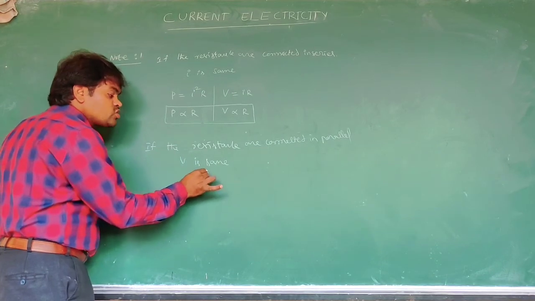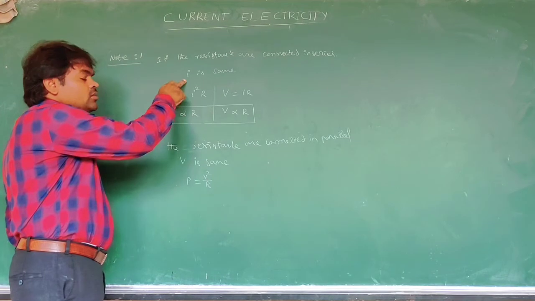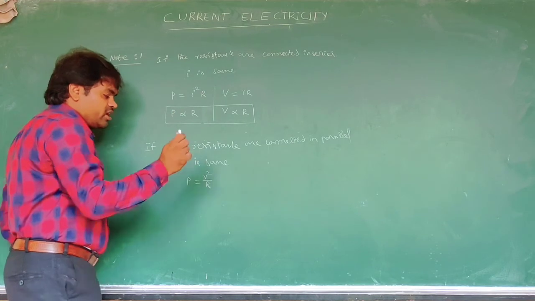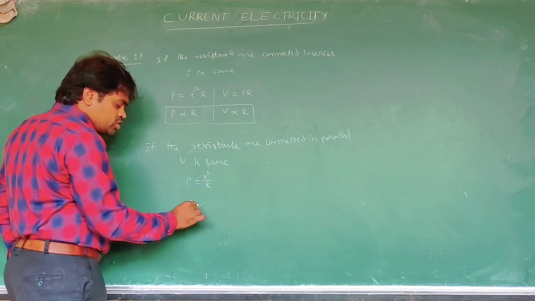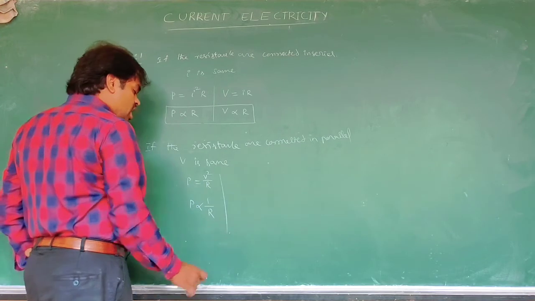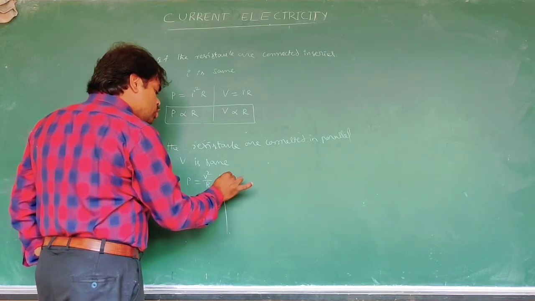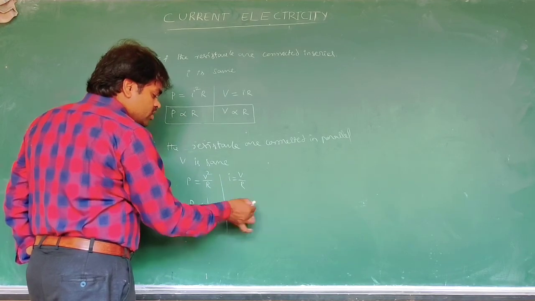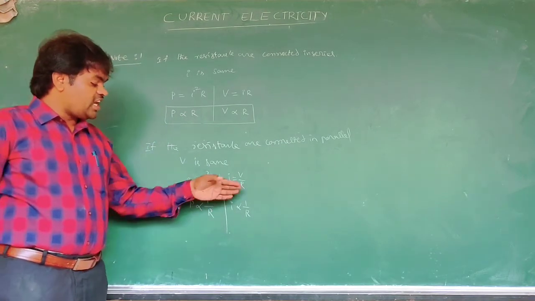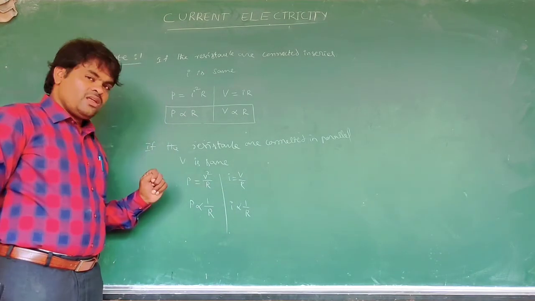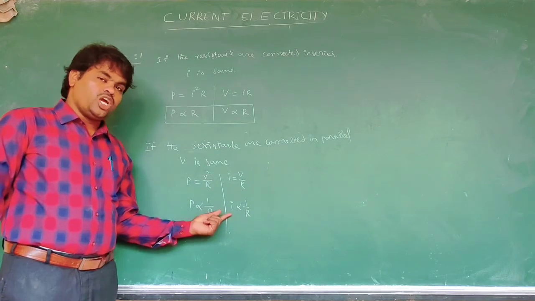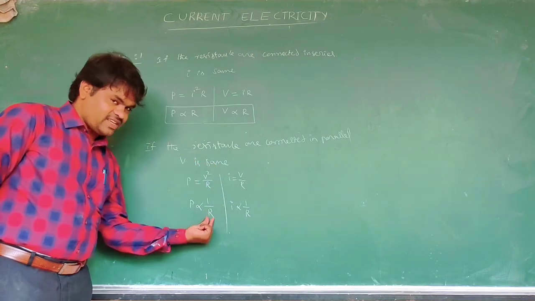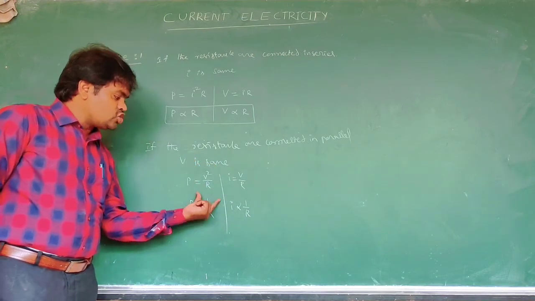P is equal to V square by R. Keep in your mind: for the same current, P is equal to I square R; for the same potential, V square by R. Then P is proportional to 1 by R. And I is equal to V by R, then I is proportional to 1 by R. You can see that if the resistances are connected in parallel, the power and the current consumed will be more for the smaller resistance.